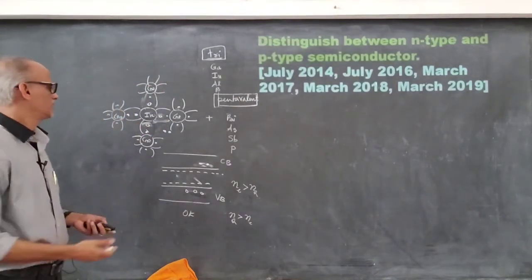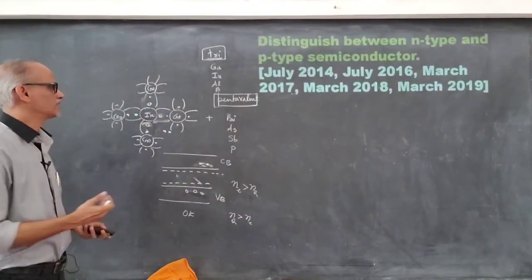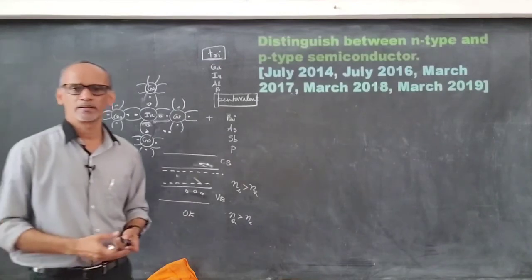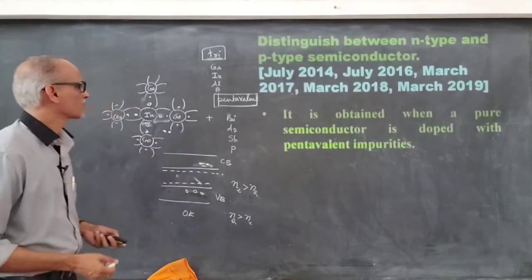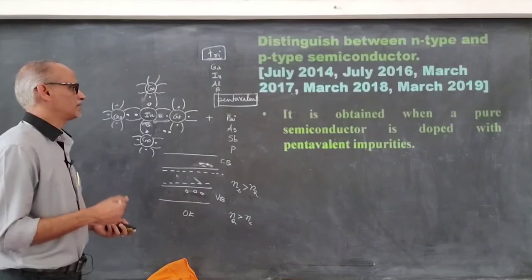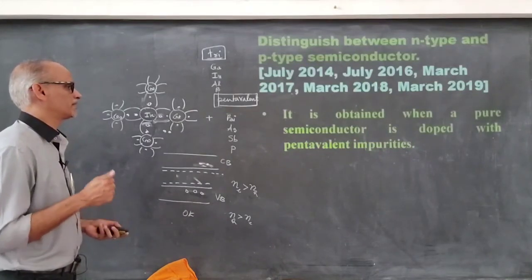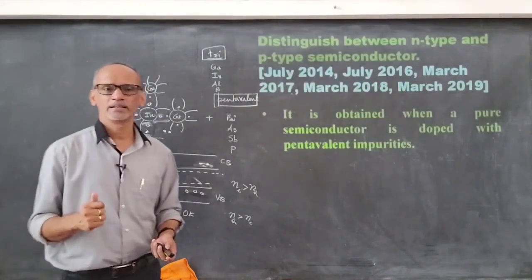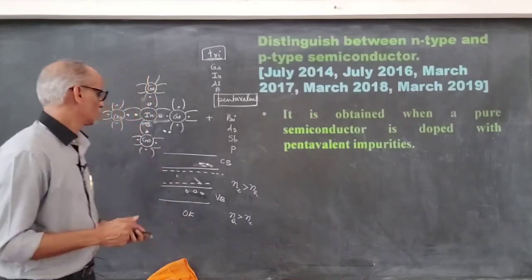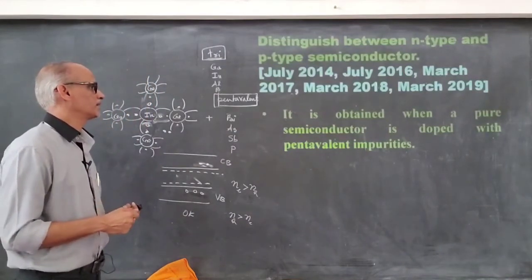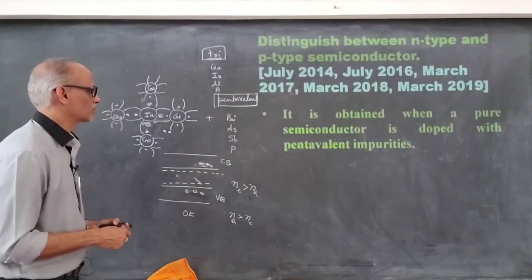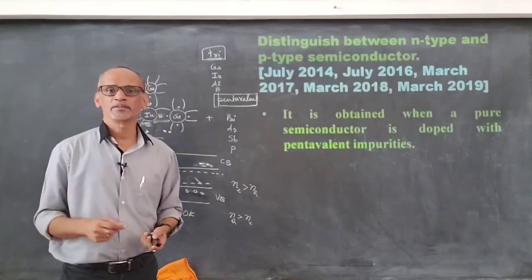So let's see the differences between these two types of semiconductor, and again an important question. The point number 1, it is obtained when a pure semiconductor is doped with pentavalent impurities. So we are talking about the N type semiconductor. So what about the P type? It is obtained when a pure semiconductor is doped with trivalent impurities.